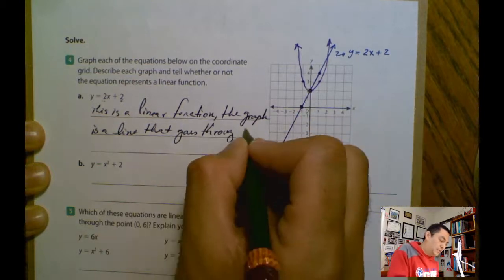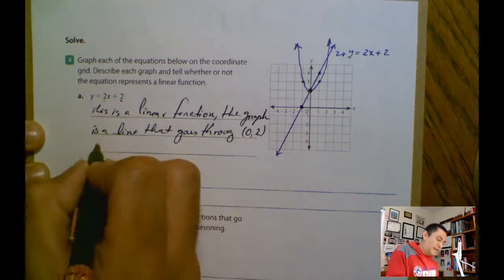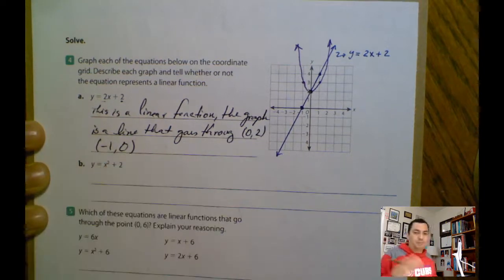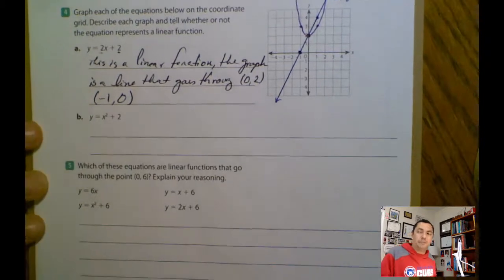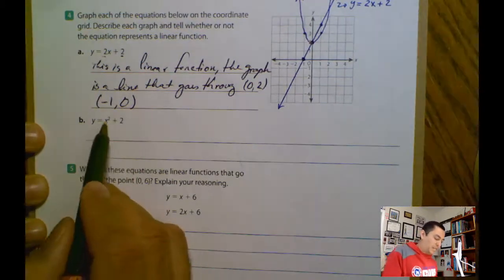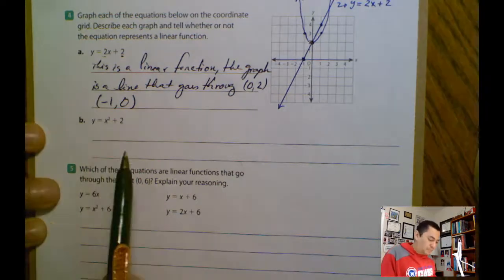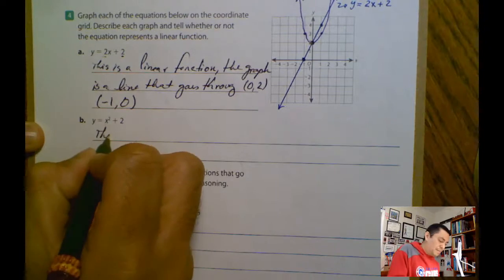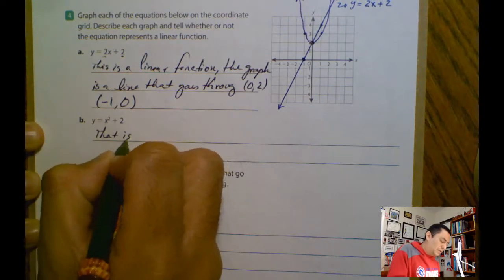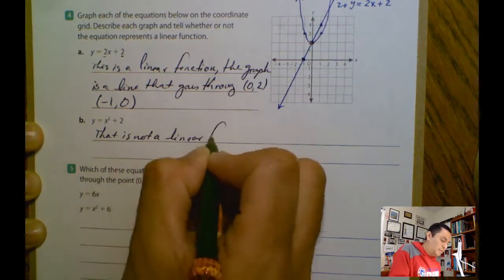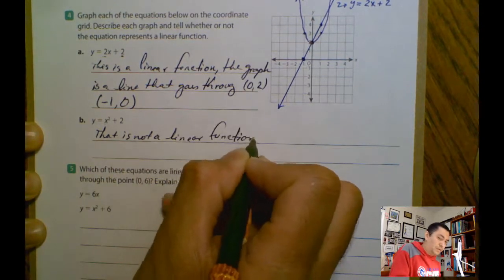Look at this point, 0 and 2, and negative 1 and 0. For the second one, y equals x squared plus 2, that one is not a linear function. Okay.